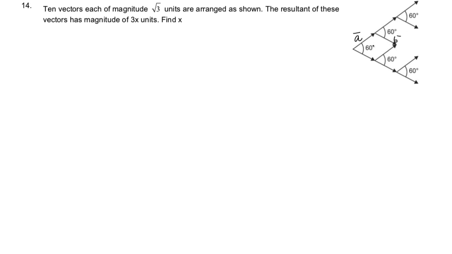As we know that any vector can be shifted parallelly without changing its magnitude. So as it is A vector, I can always say this to be A vector, this to be A vector, and this to be B vector.